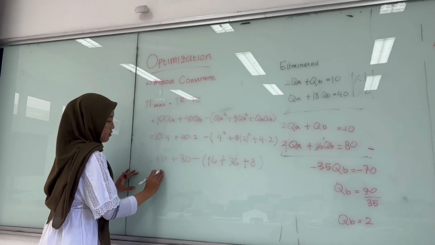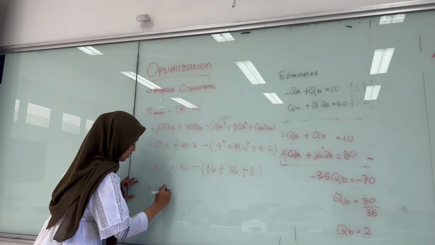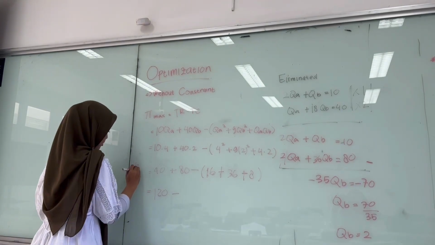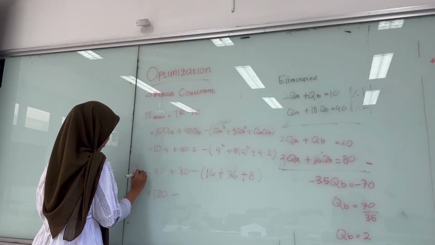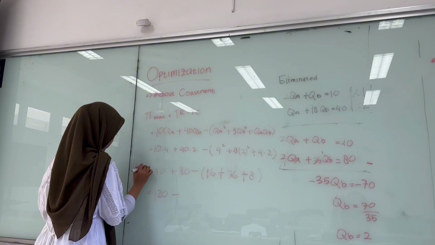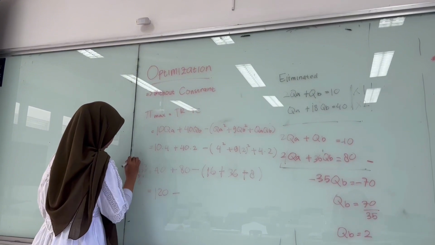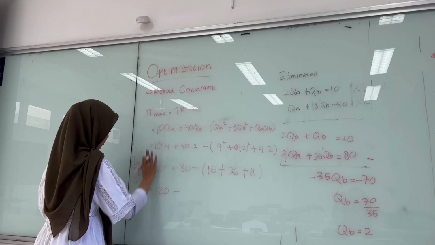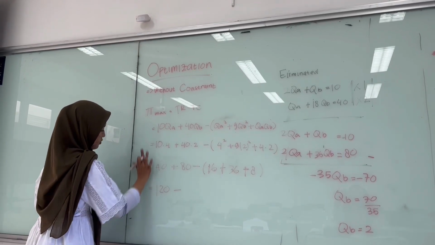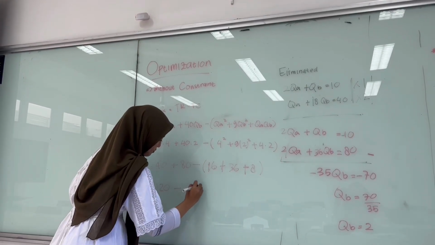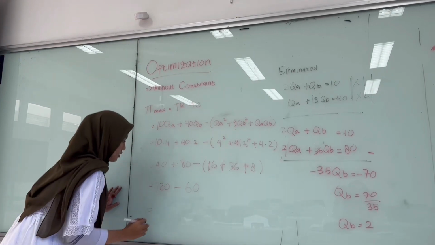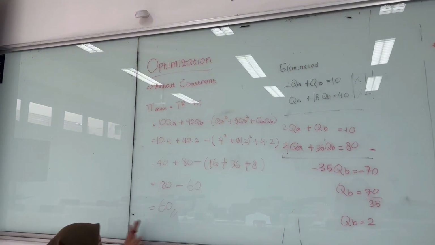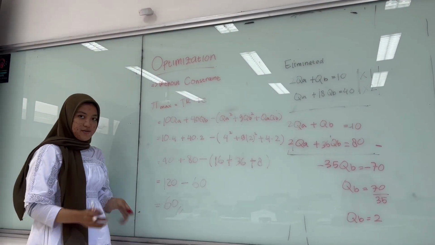Okay, 40 plus 80 is 120, minus 16 plus 36 and 8, that is 60, and the result is 60. We find that the maximum profit is 60.